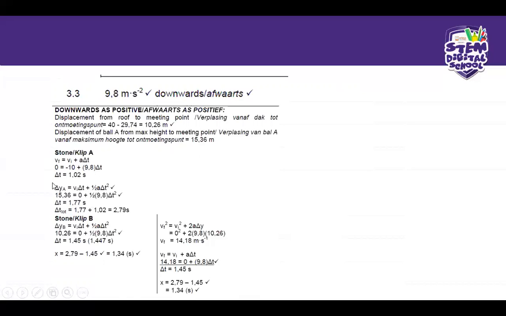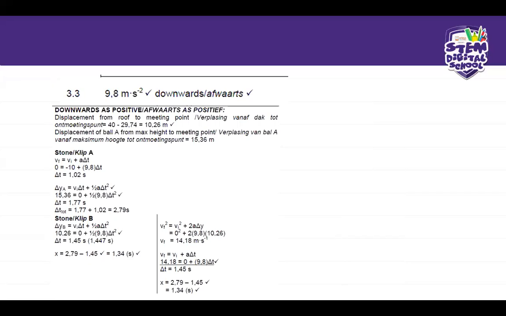We're going to go down the same route for stone B. First, we find the y, the one where we say v t plus half a t squared, and here we substitute the given values: 0 plus half times 9.8 times t squared, and that will give us 1.34 seconds, which means this is our time.